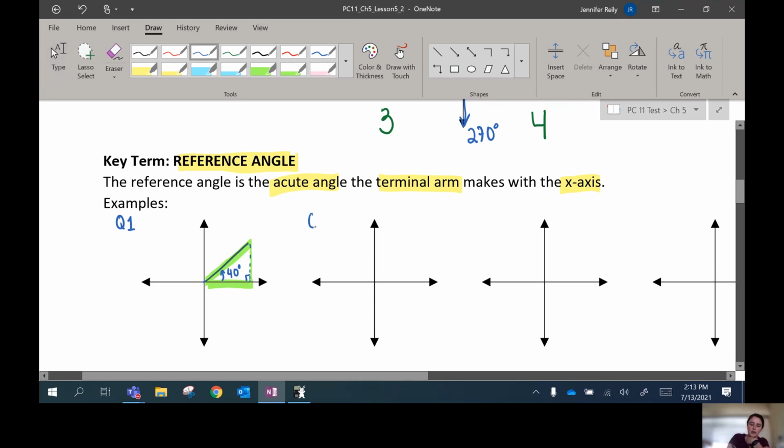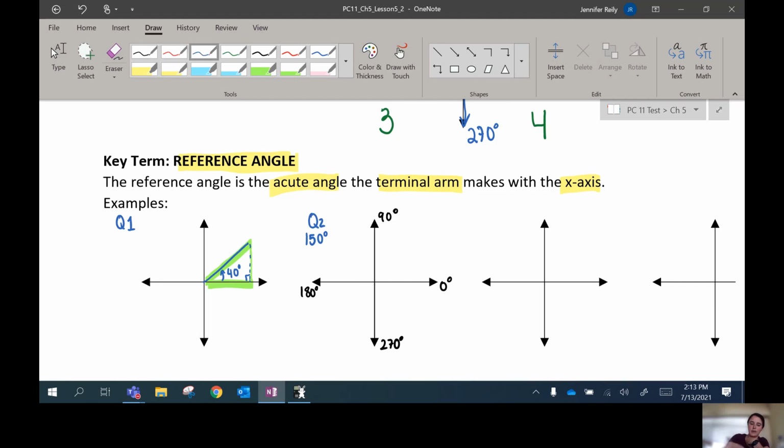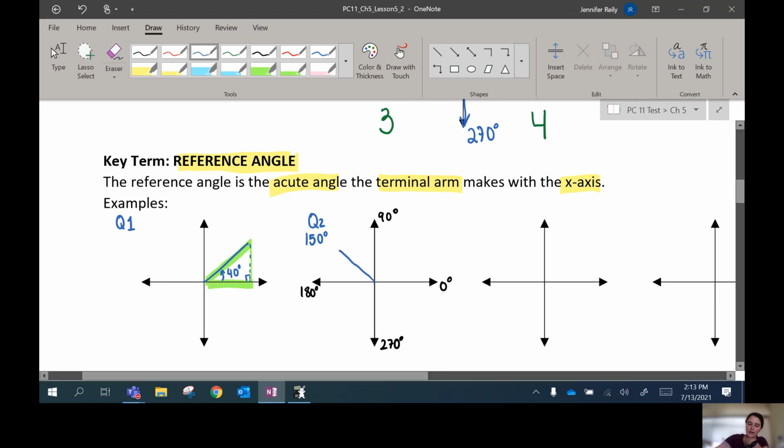Let's say we're in quadrant 2, and I'm going to give an example. Let's use the one we just did previously, 150 degrees. Just as a quick reminder, this is 0, this is 90, 180, this is 270. So 150 would be in quadrant 2, right about here, 150 degrees.